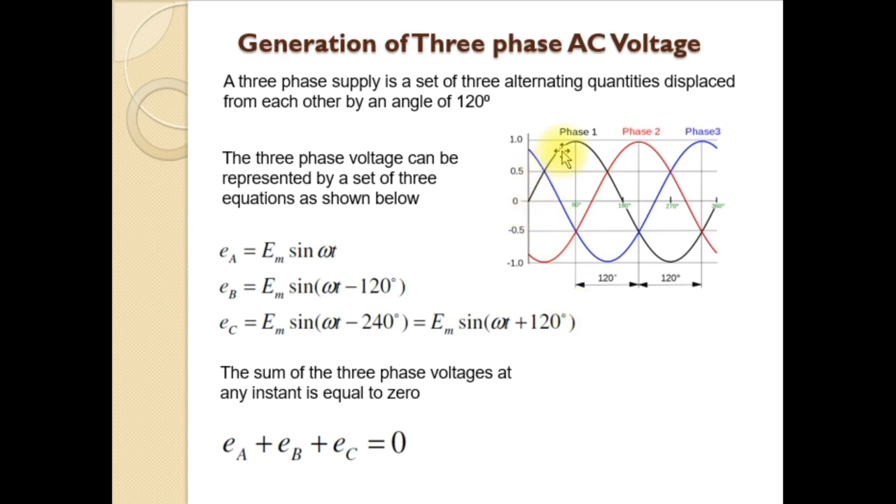The instantaneous value of phase 1 is 0, and at this point the instantaneous value of phase 3 is this positive quantity and that of phase 2 is this negative quantity, and the two magnitudes are the same. That means at any instant, the sum of the instantaneous values of these three voltages is 0. That is, EA plus EB plus EC is equal to 0.